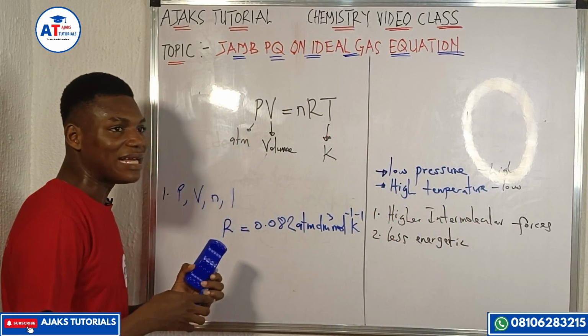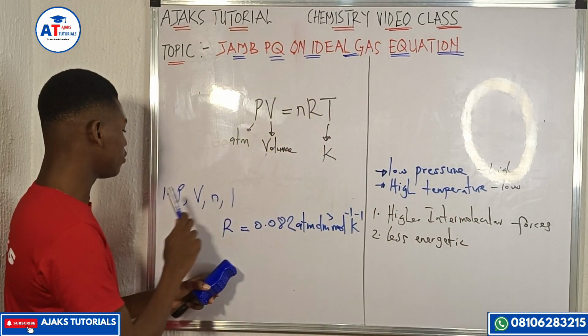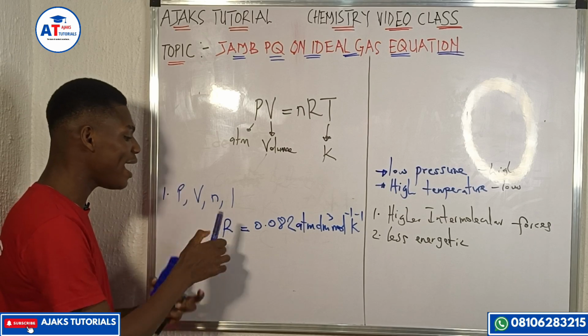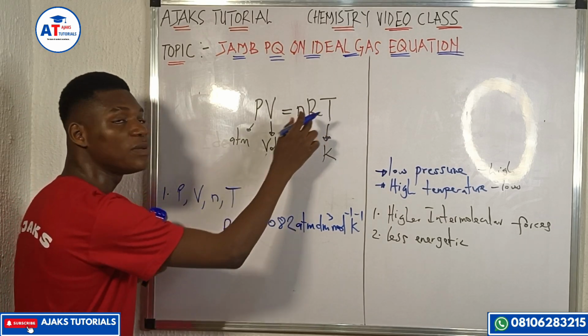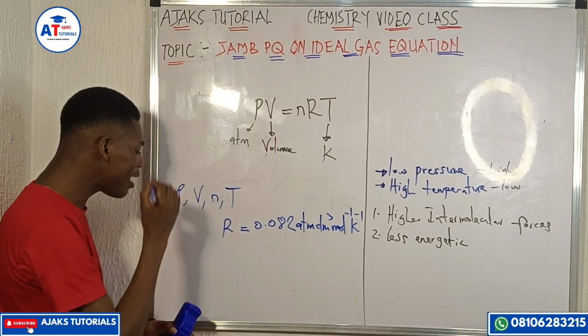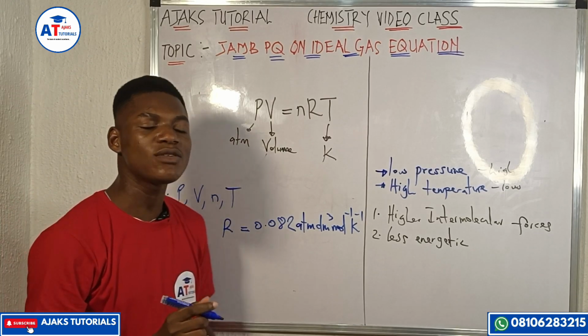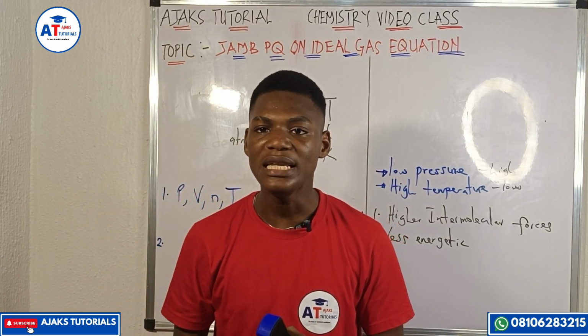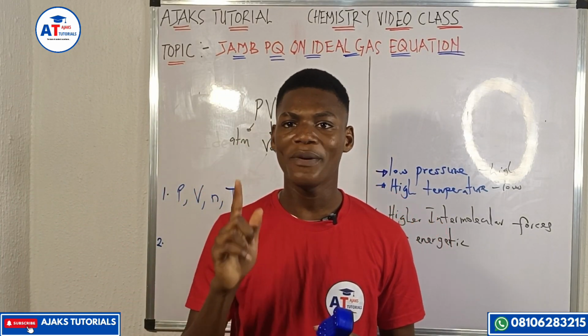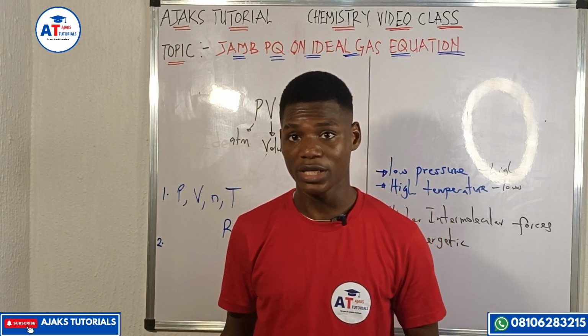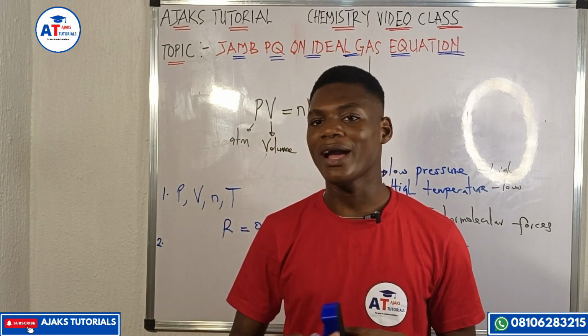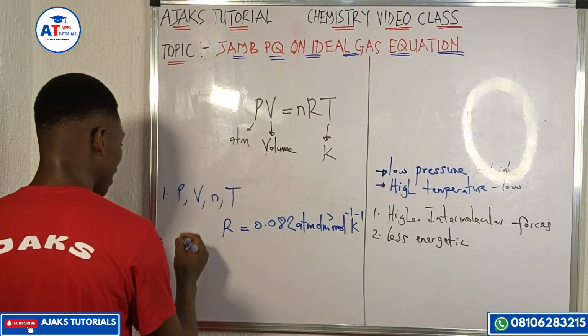Now, where are we? So I was saying that when can you use PV equal nRT? Number one, when you're looking for P, V, N, and T, you use this PV equal nRT. Okay. Now, secondly, is when you want to find what we call the compressibility factor. It's a JAMB question you can be asked. How can you find compressibility factor? Take note of this formula.